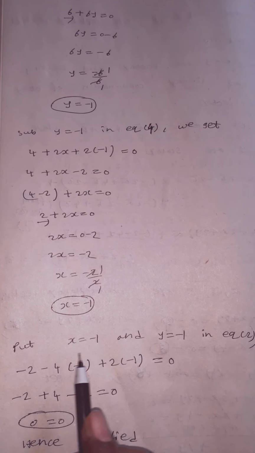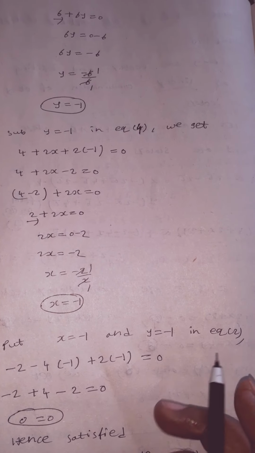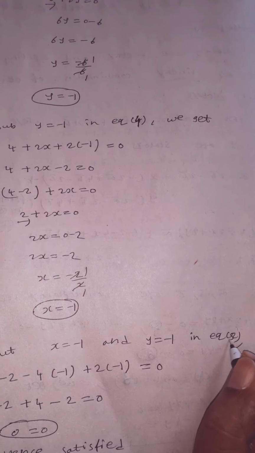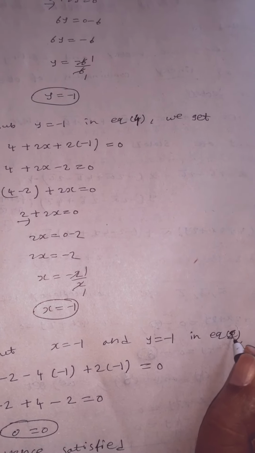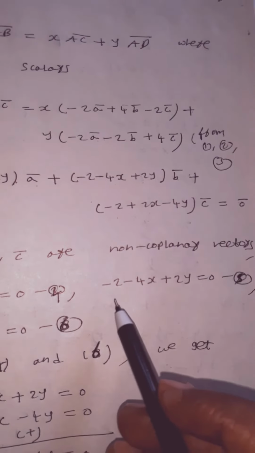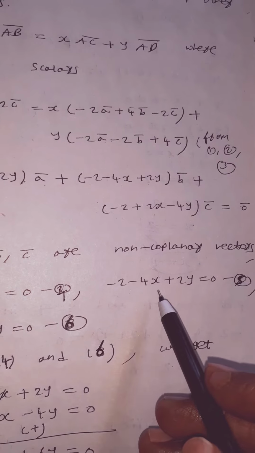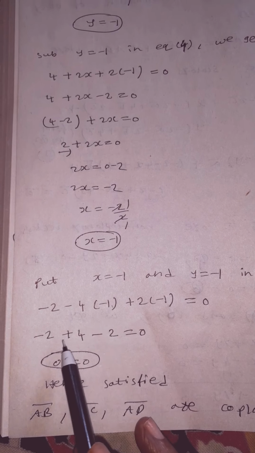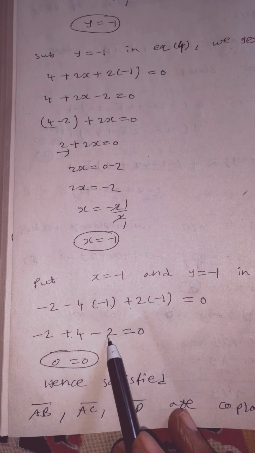Now put x equal to minus 1 and y equal to minus 1 in equation number 5, children. What is equation number 5? Minus 2 minus 4 into minus 1 plus 2 into minus 1 is equal to 0. So minus 2 as it is, minus into minus is plus 4, plus into minus is minus.